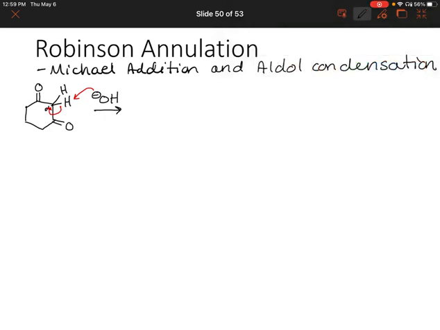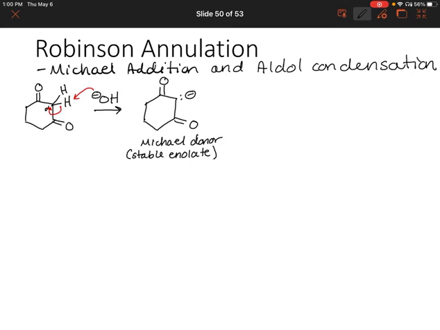All right, so we form our Michael donor, or doubly stabilized enolate. So now we can attack an alpha beta unsaturated ketone or aldehyde, depending on what you're doing.